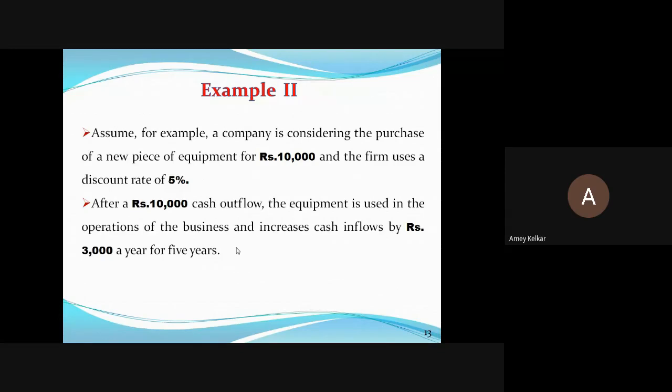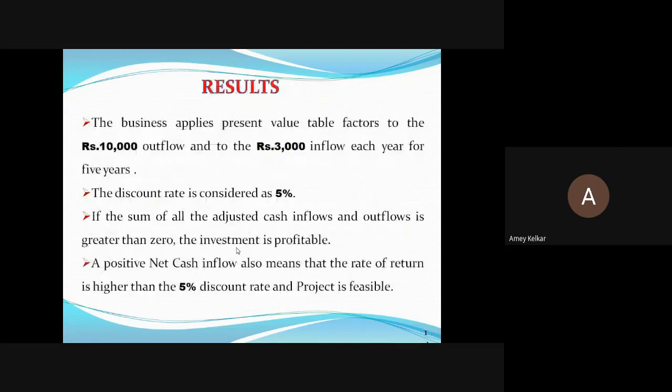So here you anticipated that you wanted a growth of 5% and you are getting extra cash flow. Now, when will this deal be worth it? The business applies the present value table factor to the rupees 10,000 outflow and to the rupees 3,000 inflow at the end of each year, for how many years? 5 years.